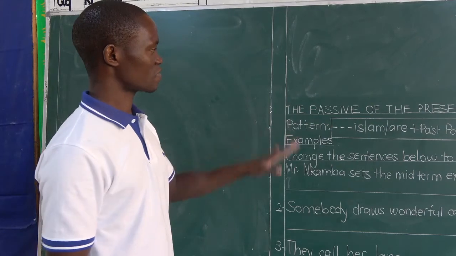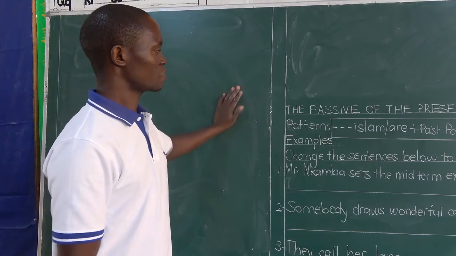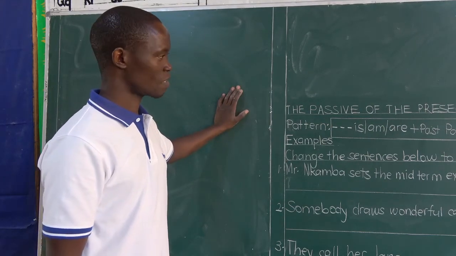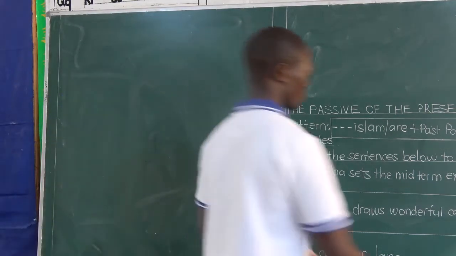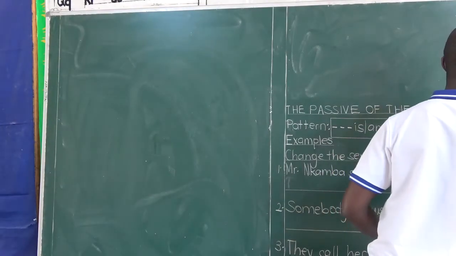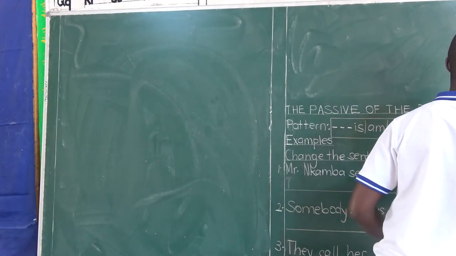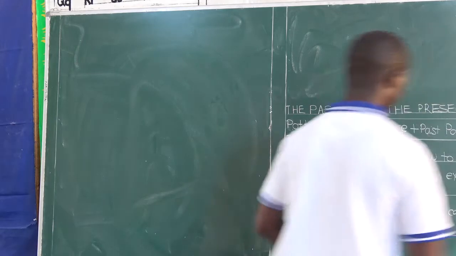So you have the passive of the present simple. Introduction was done in P6. Our P6 teacher must have talked about voices. Today, it's like a continuation, if not revision, of what the P6 teacher told us concerning voices.